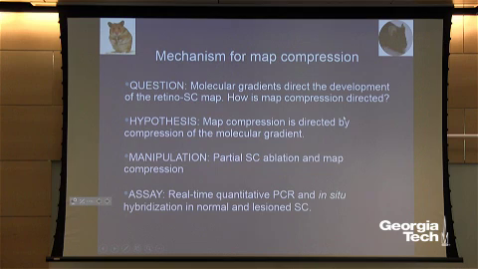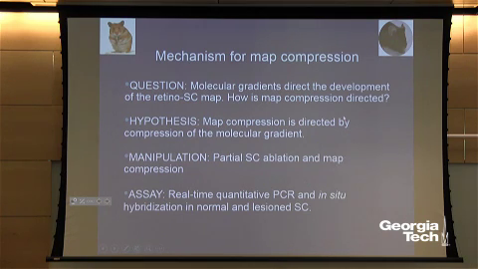And so we were reasoning that if you need this gradient of repulsion to set up the initial projection, maybe it's the case that when we injure the tectum, the guidance molecules change their configuration, and they're what tells the map to compress on that smaller fragment.